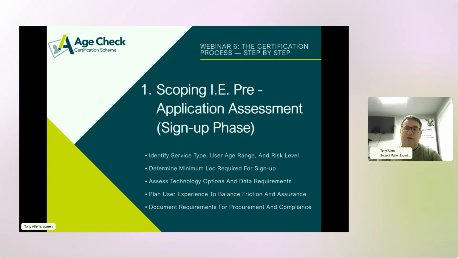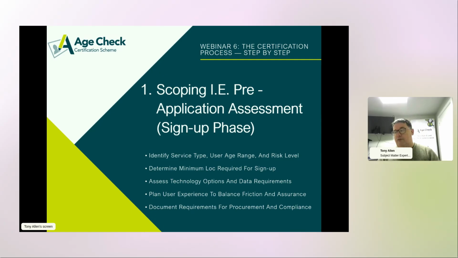Any of those three can be certified, and any of them are also eligible for different bits of certification. So we look at that, and we look at the particular context of use that they are applied to. So are you doing it online or offline?